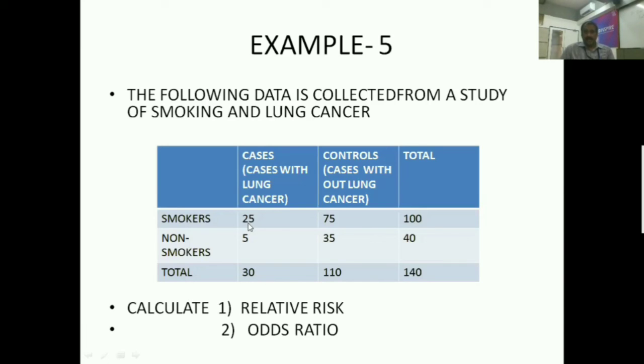According to row wise the values are 25, 75, and the total is 100. And non-smokers, that is 5, 35, and the total is 40. The totals column wise are 30 and 110, and the grand total is 140. Here the question is: calculate relative risk and odds ratio.